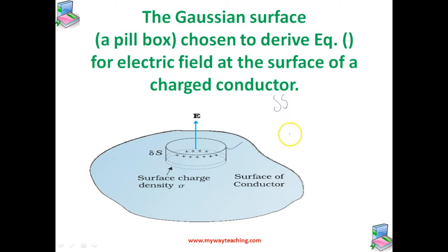So the flux is equal to plus or minus E into delta S. Over a small area delta S, E may be considered constant, and E and delta S are parallel or anti-parallel.